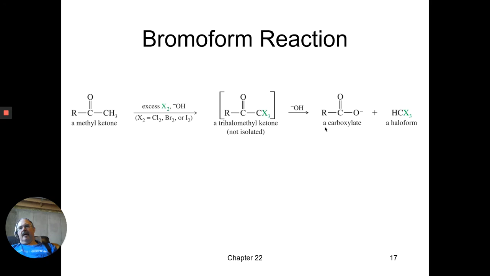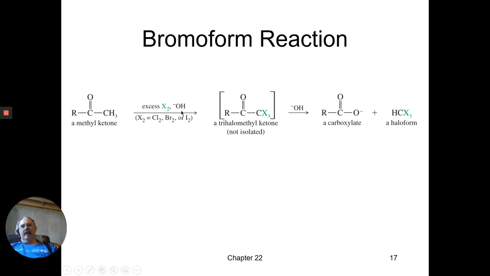Okay, if we have three alpha hydrogens, that is, if we have a methyl ketone, what we have is the haloform reaction, and specifically if it's bromine, it's called the bromoform reaction. But you can do this with chlorine, bromine, or iodine.